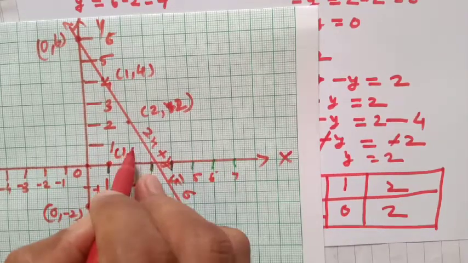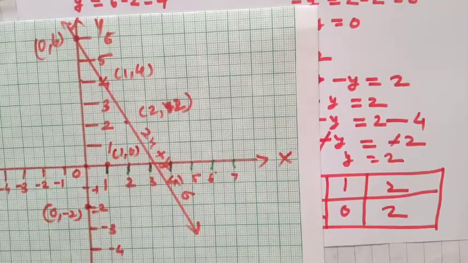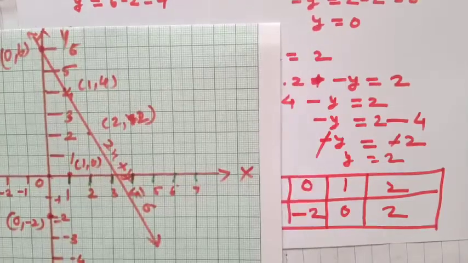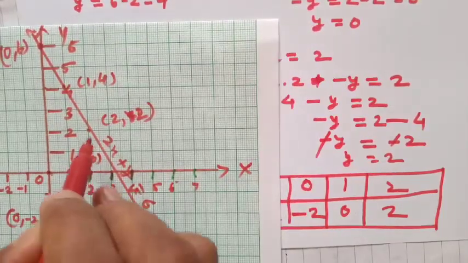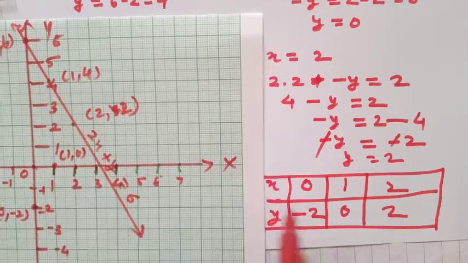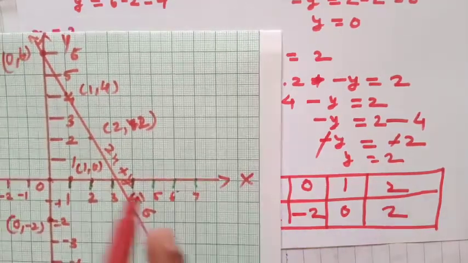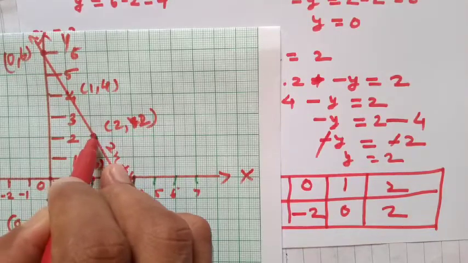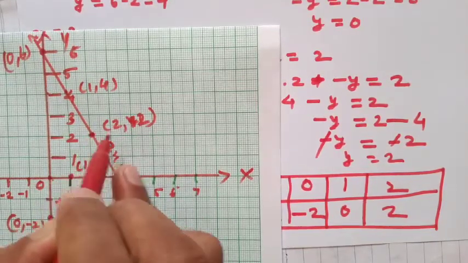X is equal to 1, y is equal to 0. Now one more, x is equal to 2, y is equal to 2.